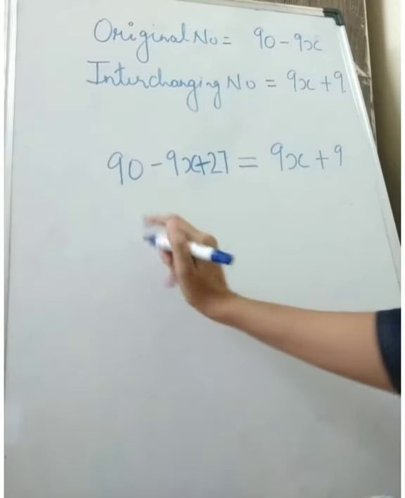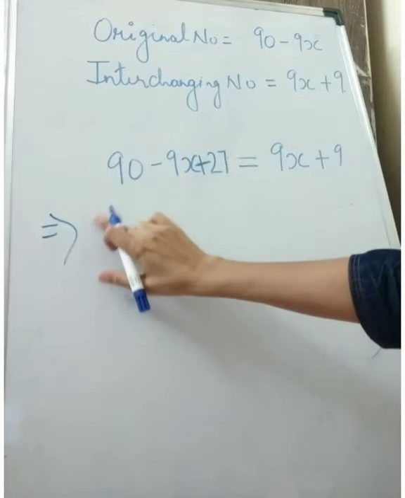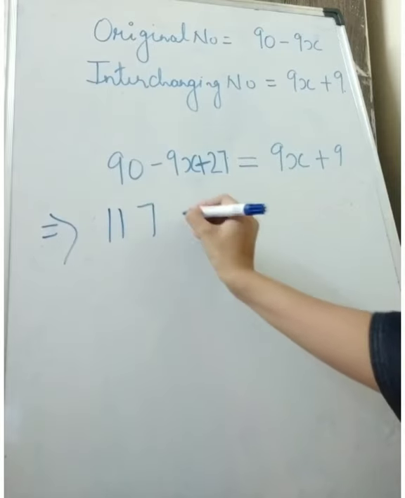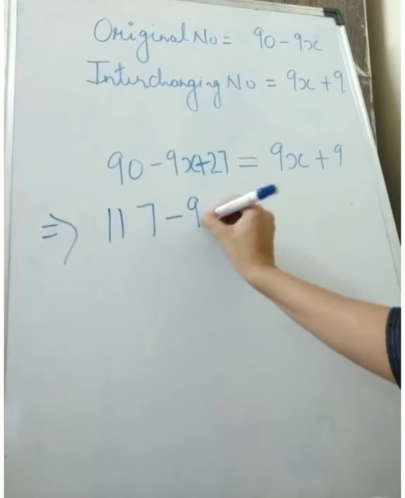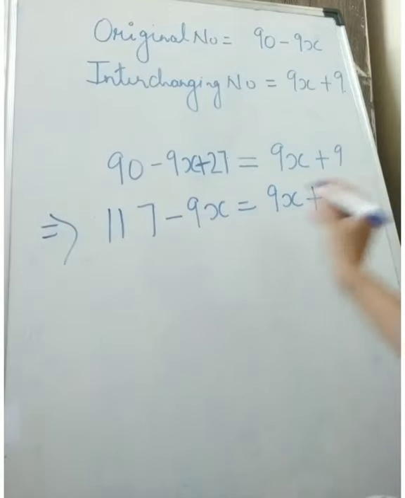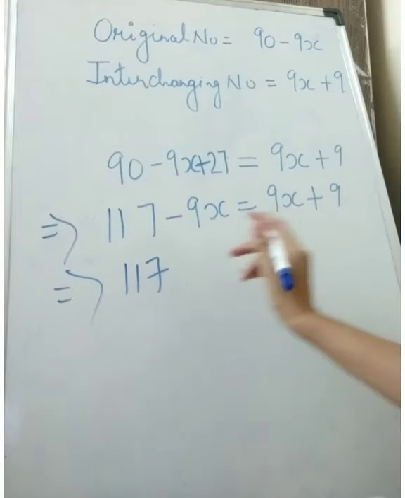Now we will simply solve it. So here it is 90 plus 27. 90 plus 27 will be 117. So 117 minus 9x is equal to 9x plus 9. Now 117 I will write over here.